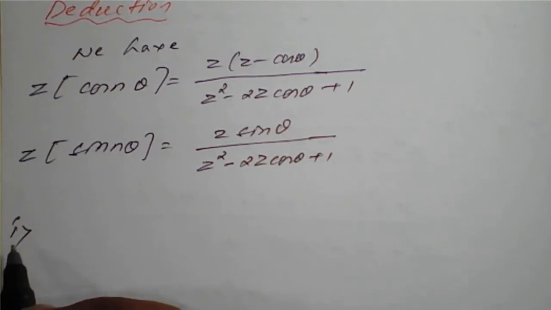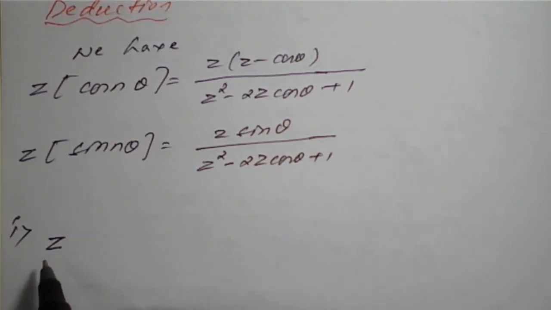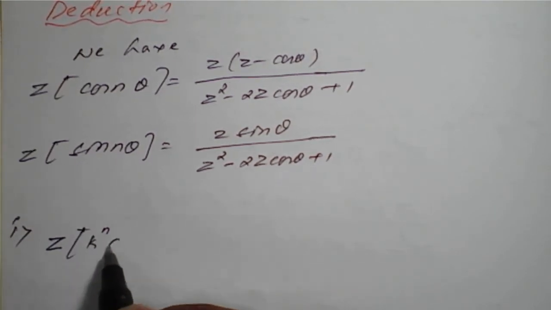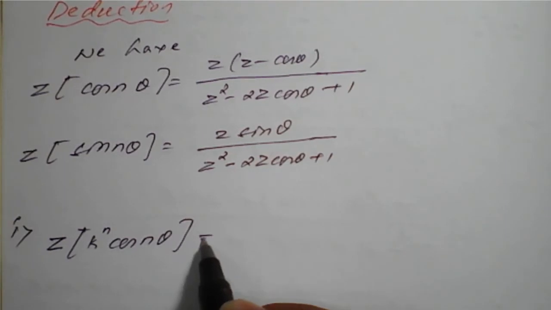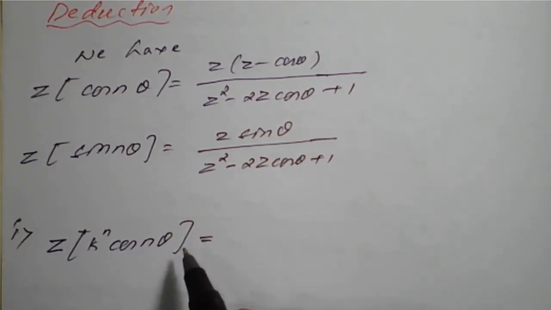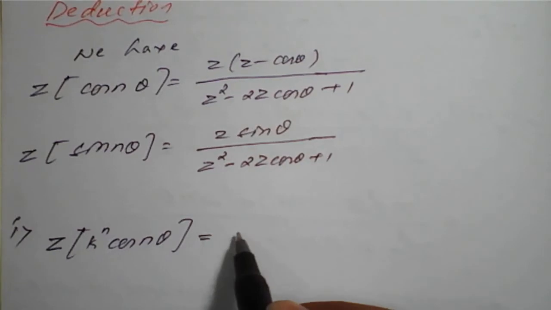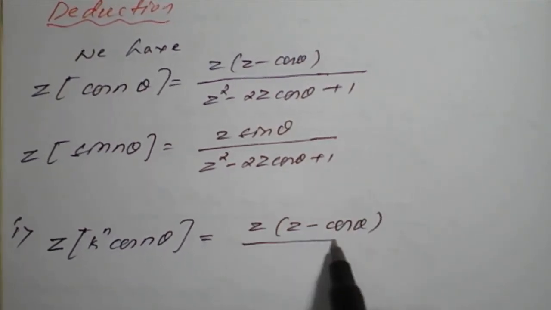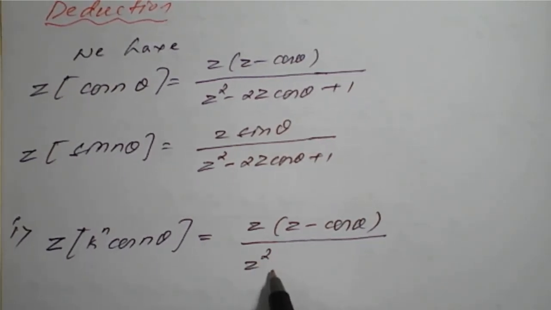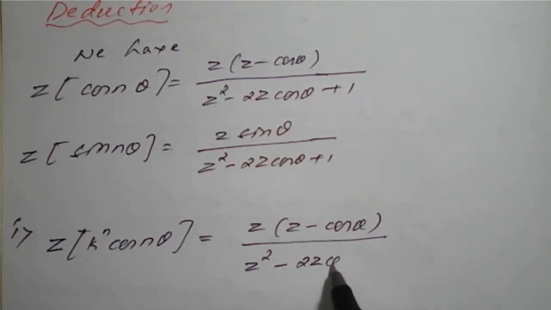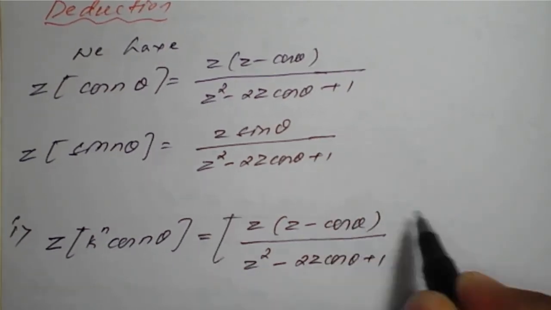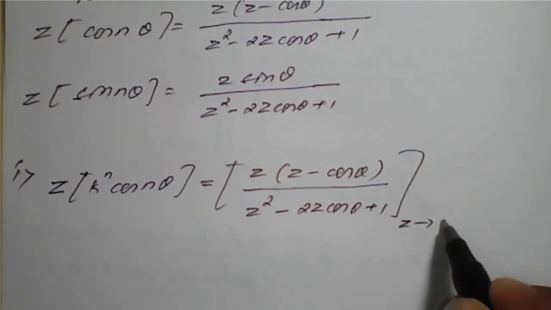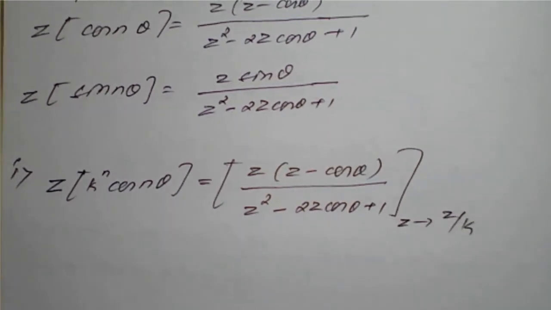Now we need to find the Z transform of k raised to n into cos n theta. This is nothing but the damping property. In the above formula, z into (z minus cos theta) whole divided by z square minus 2z cos theta plus 1, replace z by z upon k.